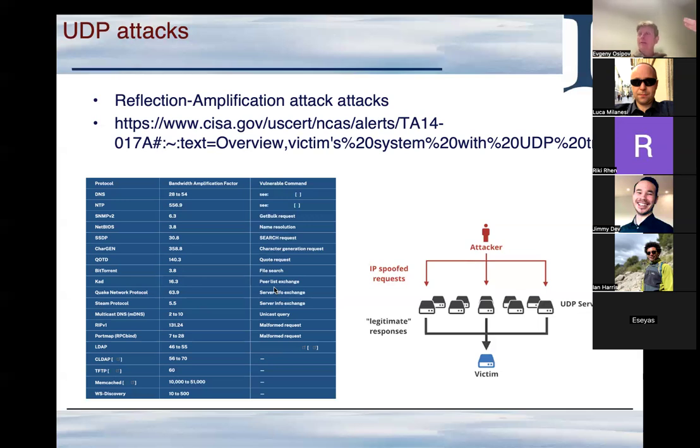And now, if in this request you can fake the source address, and that you can do, this reply will be directed to a victim node. This is the idea behind the reflection amplification attack.